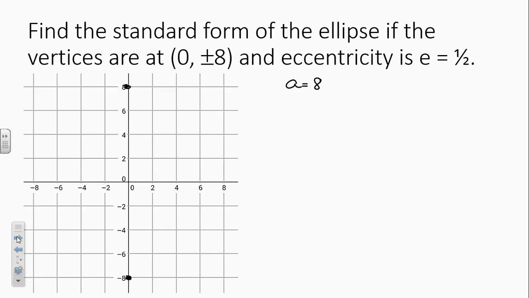And we know the center is the origin, 0, 0. We have E, so we can find C, because E equals C over A, and 1/2 is the E. C we don't know, but 8 is our A. So if we cross multiply, 8 equals 2C, so C is 4.